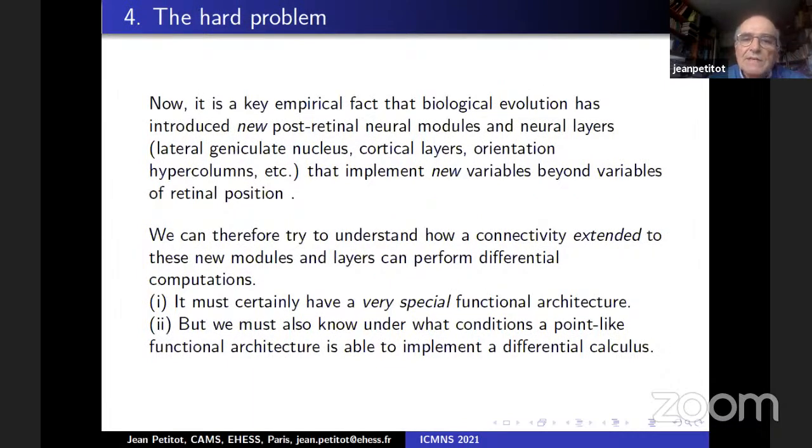Now, it is a key empirical fact that biological evolution has introduced new post-retinal neural modules and neural layers, such as the lateral geniculate body, cortical layers, orientation hypercolumns, etc., that implement new post-retinal variables, beyond variables of retinal position.